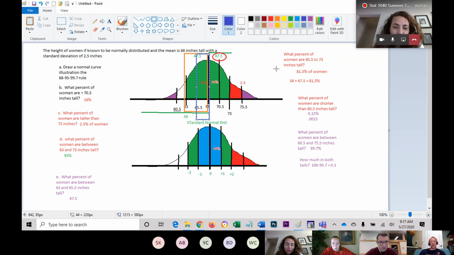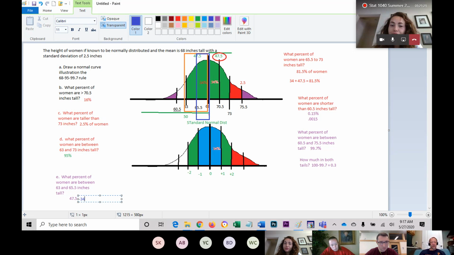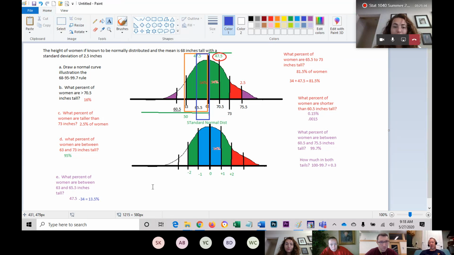Well, it says 34%. That is correct. So would it be 47.5 minus 34%, which would equal 13.5%? Okay, you just did the hardest problem.